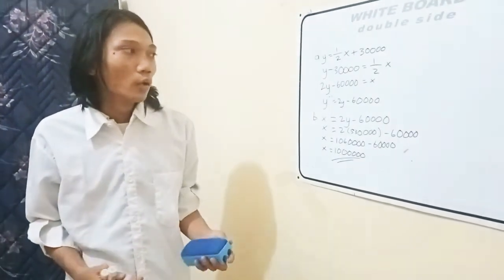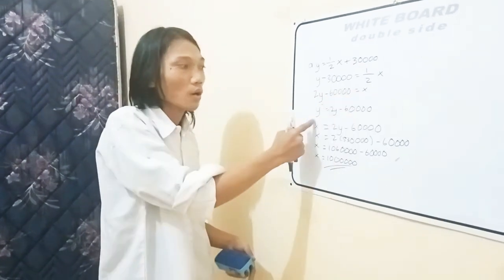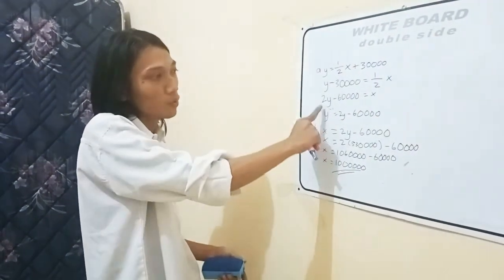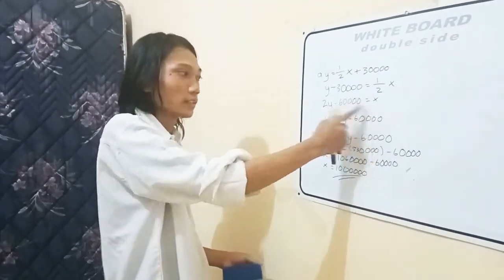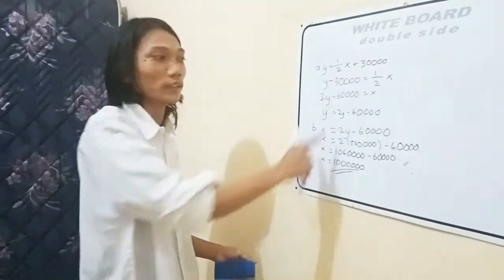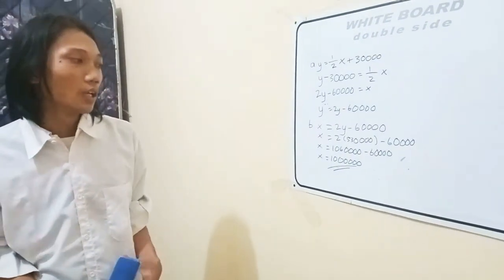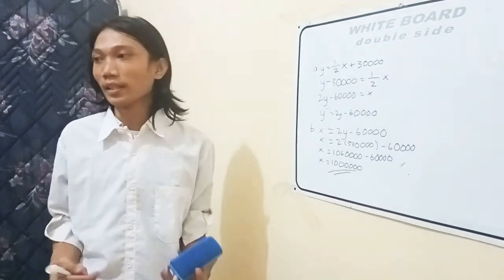And remember that x is equal to y inverse. So y inverse is equal to 2y minus 60,000. We change variable x into y inverse. The question in problem 2 is how much the basic salary is.